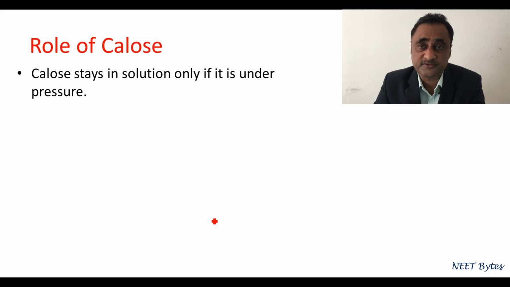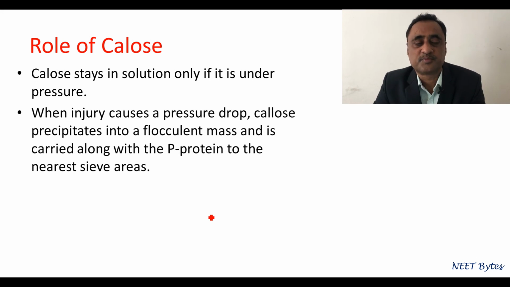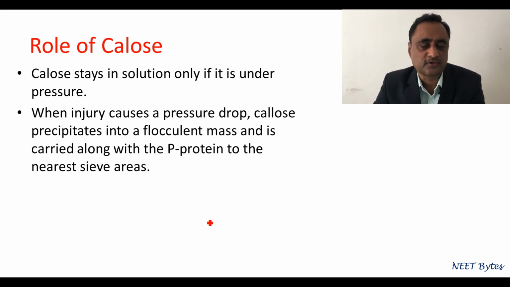The moment pressure decreases, because when the cut happens the pressure will decrease, callose precipitates, and along with the mass it goes to the area where the bleeding is going to happen. So with or without the P protein, they cover the entire area, and we can say that a callose plug is formed and the leaking is prevented.